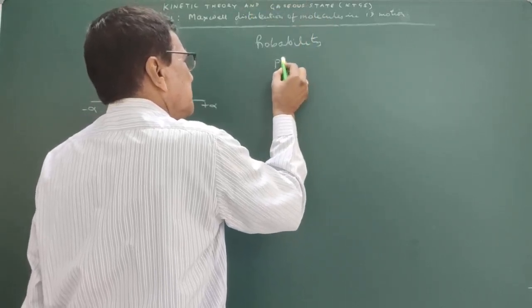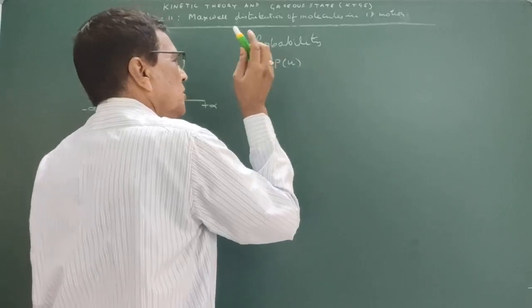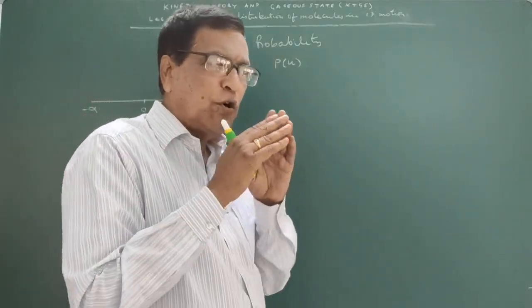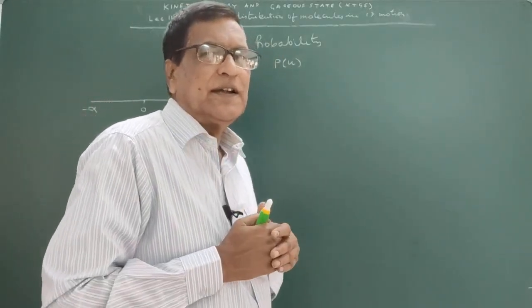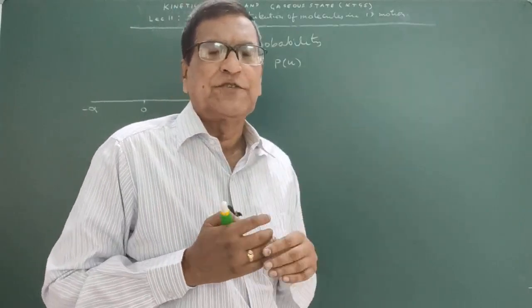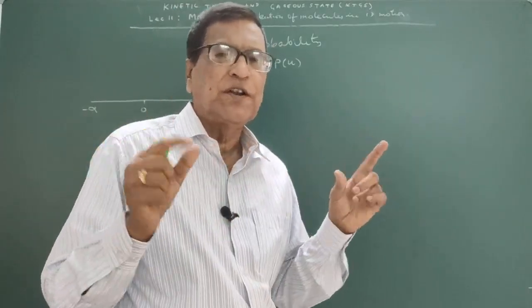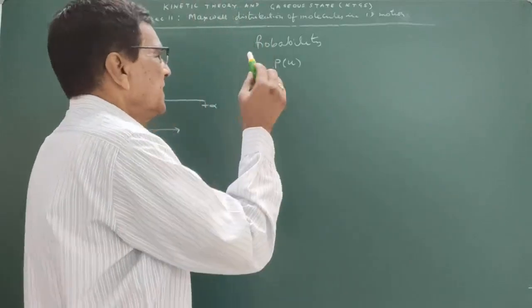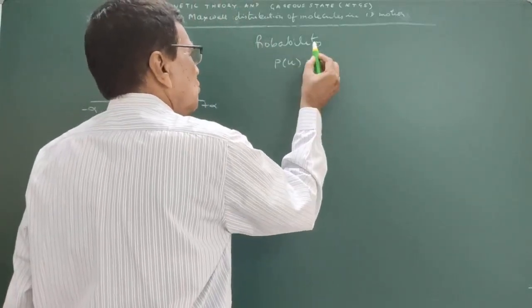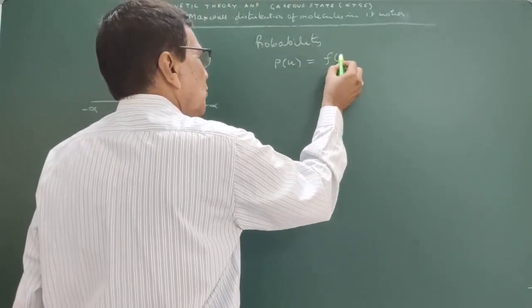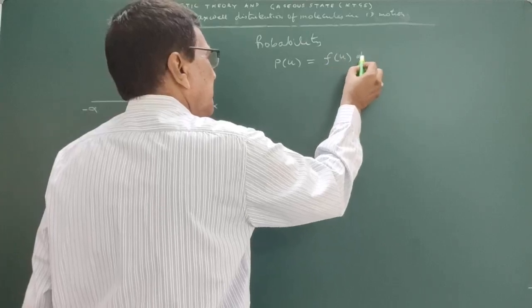We can write this P(u), the probability of a molecule to have the x component velocity u within the small range du, equal to F(u) du.